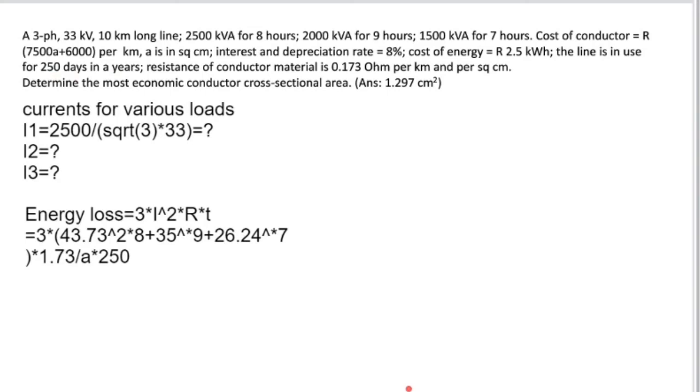Is that clear? 250 days for a year. So we're done for the year. When we are done for the year, we can go for converting it to kilowatt hour, so 10 to the power minus 3. And when we're done with that, then we go for the energy rate, which is 2.5 per kilowatt hour. So times 2.5.